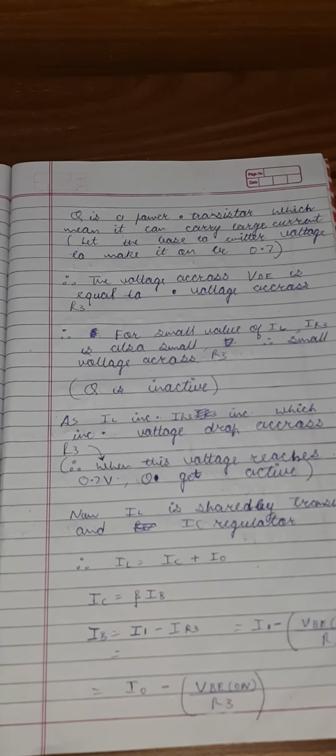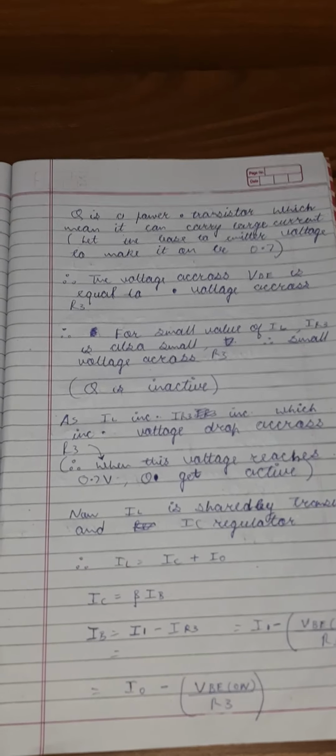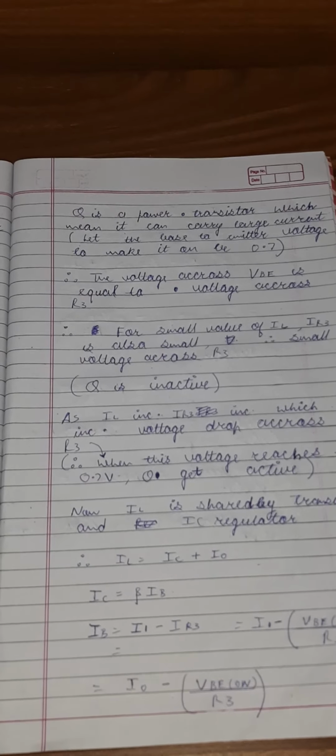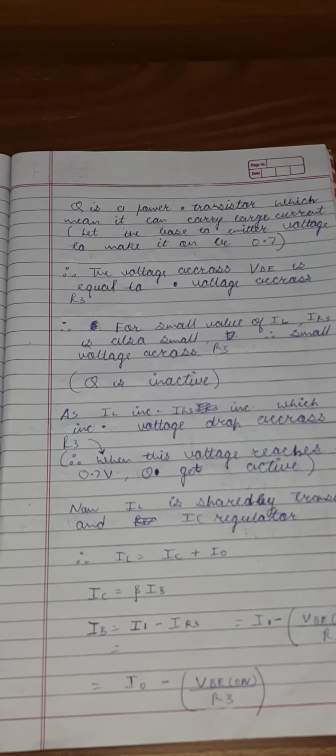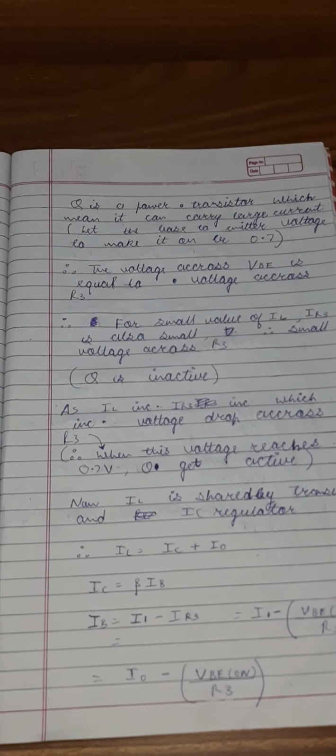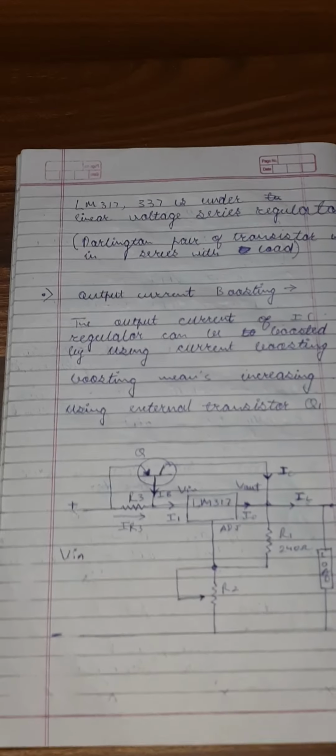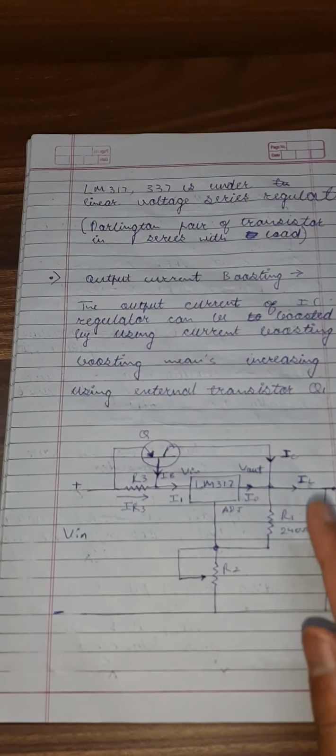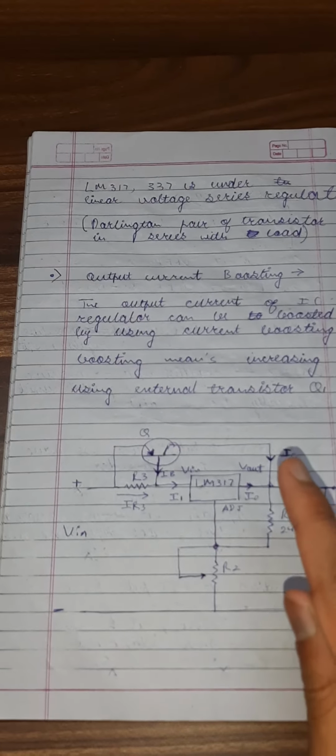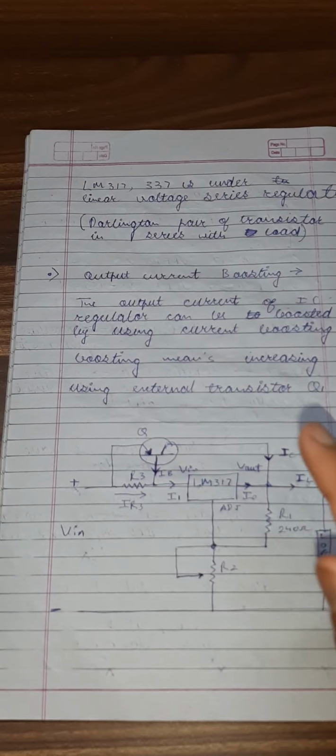Okay, so as IR3 increases, the voltage across the base and emitter terminals increases, which means the transistor is now active. And if the transistor is active, the collector current starts flowing through the transistor.